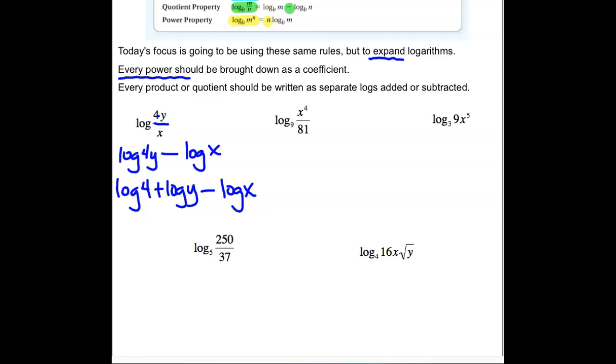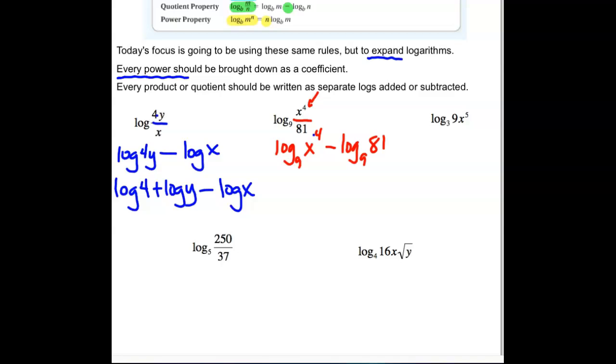In this next one, we have a power here, but it only applies to the x. So I'm going to wait to separate that power from the x until I've split up this division. So I'm going to write log base 9 of x to the 4th minus the log base 9 of 81. Okay?